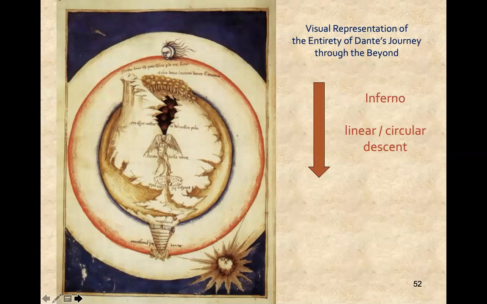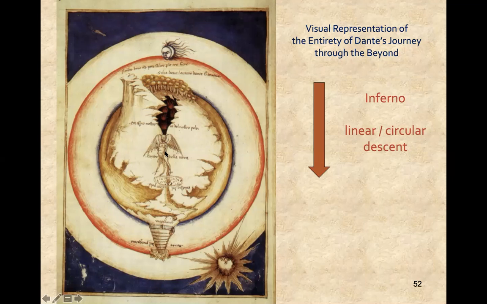If we look at this other image of a representation of the earth, maybe this will help us understand a little bit better. Dante started his journey on this hemisphere of the earth, the populated hemisphere, and he descended through hell to the center of the earth.